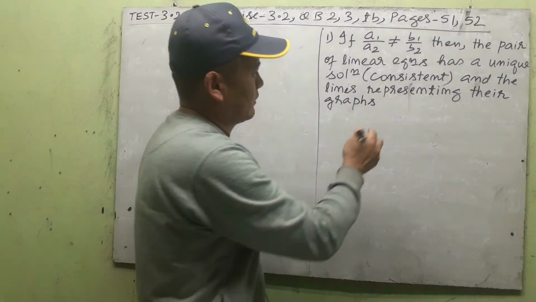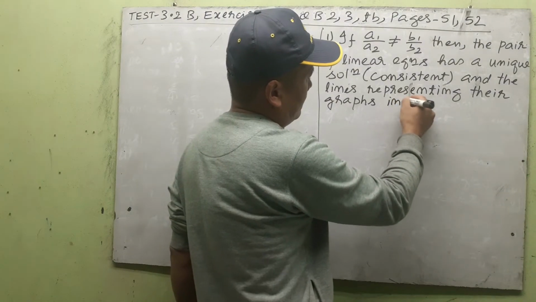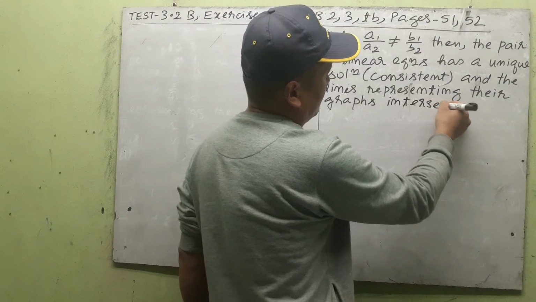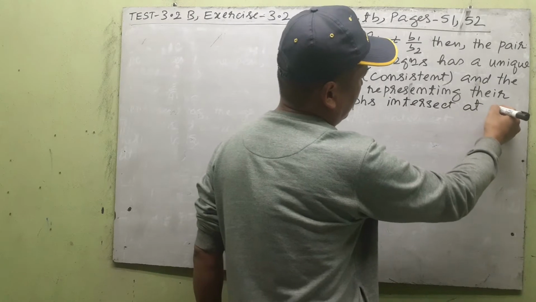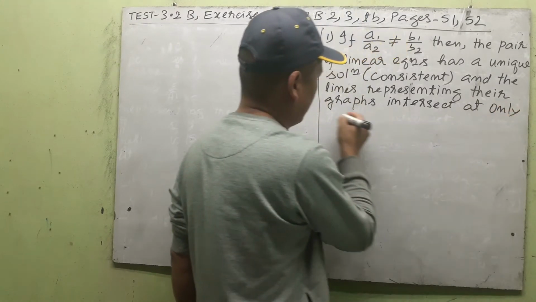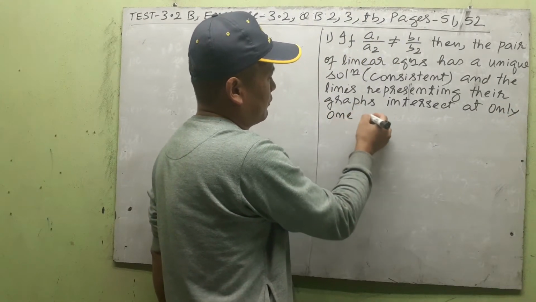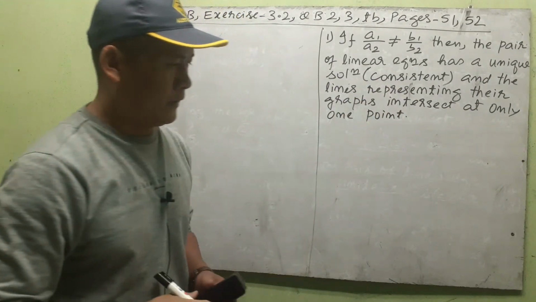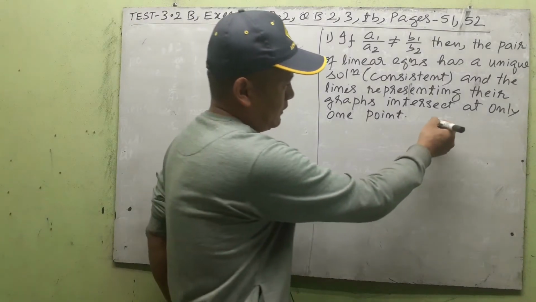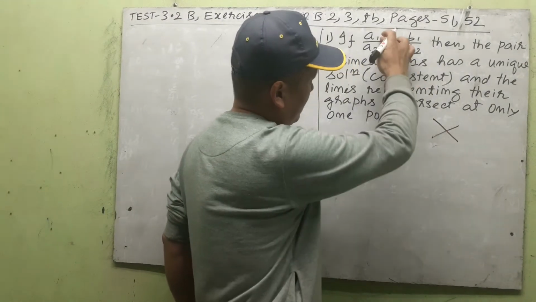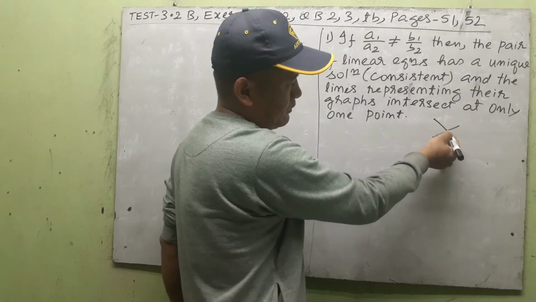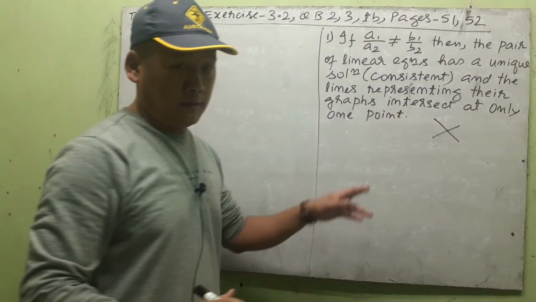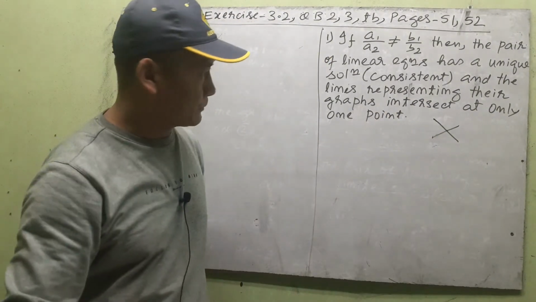Using their graphs intersect at only one point. Okay, so if you draw the graph of this pair of linear equations whose a1 by a2 is not equal to b1 by b2, it will be something like this. They'll cross each other at only one point.